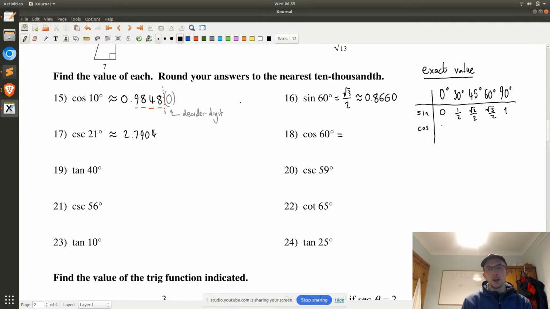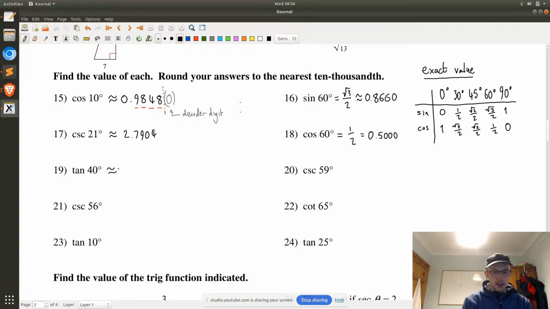So therefore, it would be 1, root 3 over 2, root 2 over 2, 1 over 2, and 0. So cosine of 60 degrees is indeed exactly 1/2, which, to acknowledge their request, is 0.5000. Great.